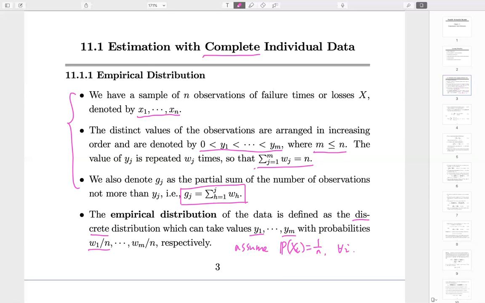Here is just another way of rewriting it, because some of the values may be the same. You should collect those same values, and when you collect them, the probabilities need to be multiplied by the corresponding factor. How many do you have? That makes perfect sense.